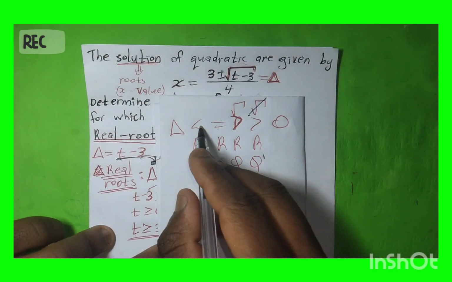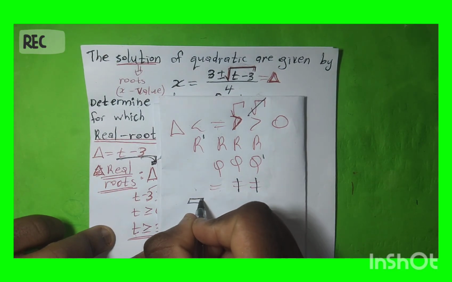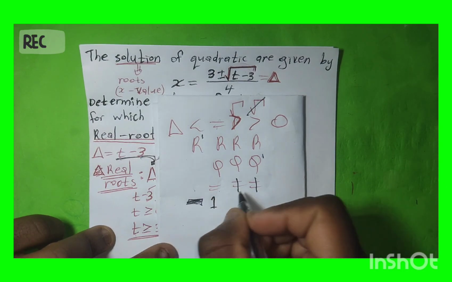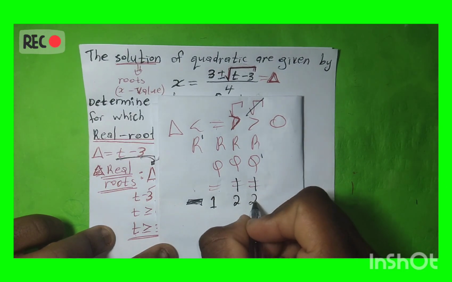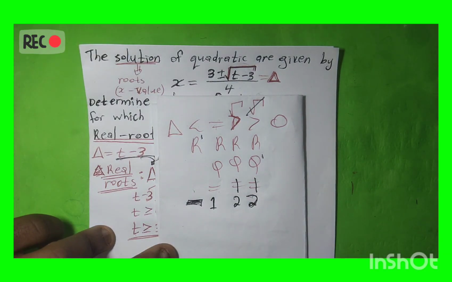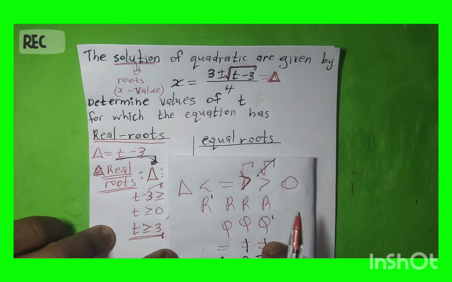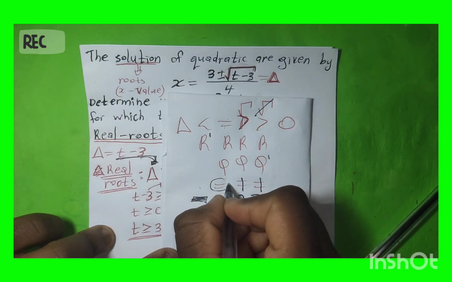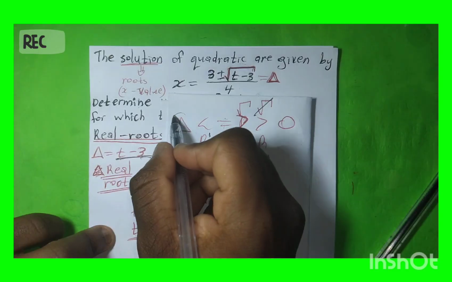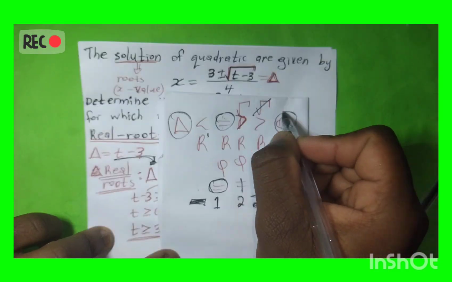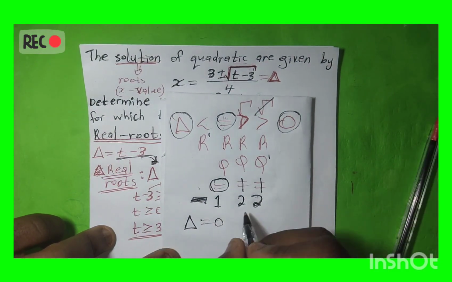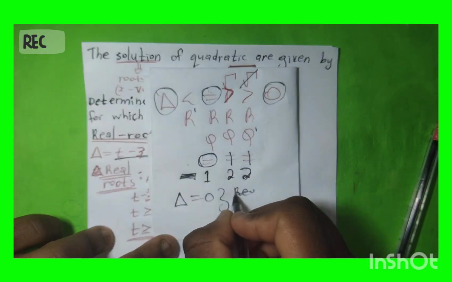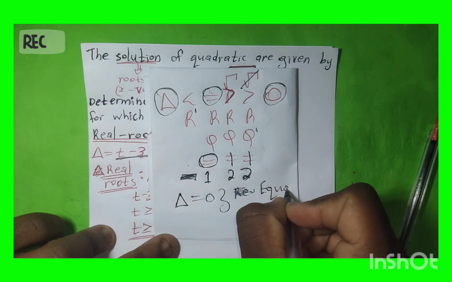And now remember, here it means that you got no solution, here you only got 1 solution, and here you got 2 solutions. You see? So this is what will happen. I need this when it has equal roots. For it to have equal roots, it means that our delta is equal to 0. When the delta is equal to 0, I will have equal roots.